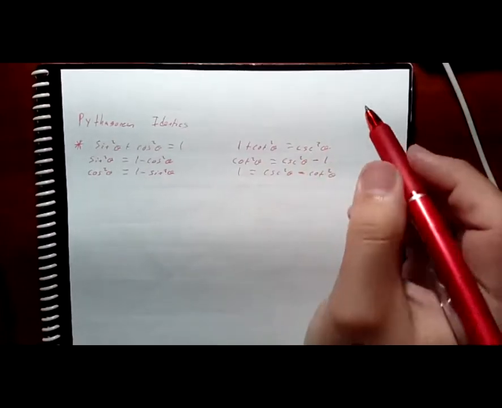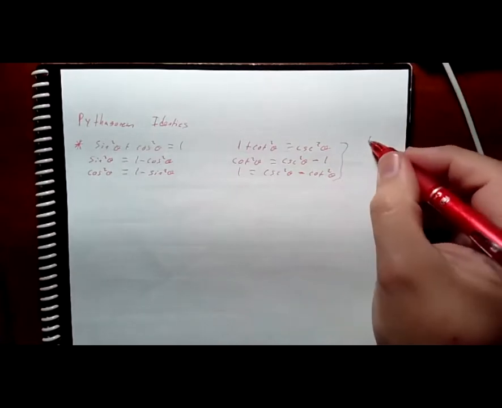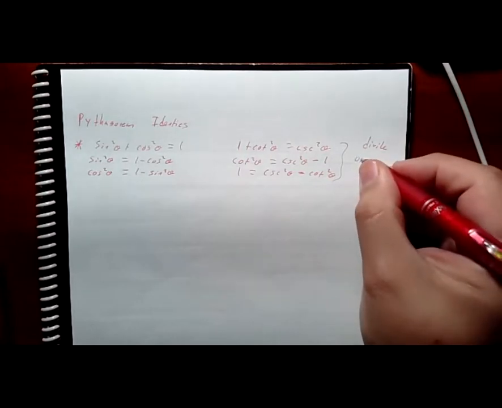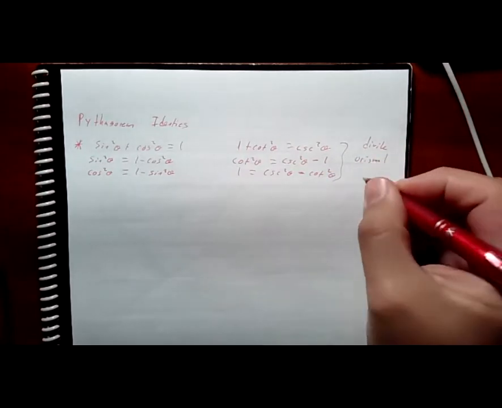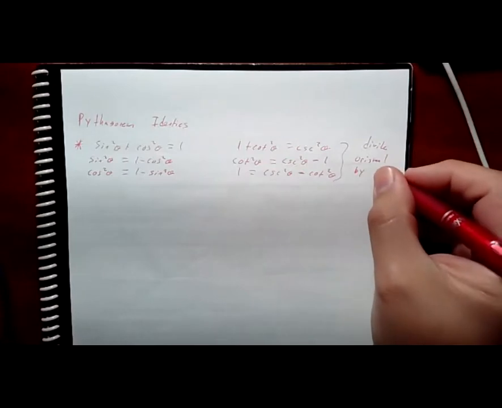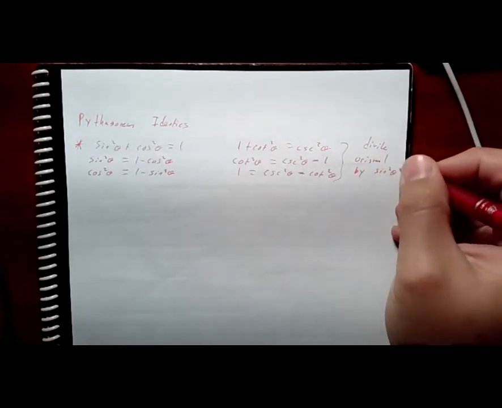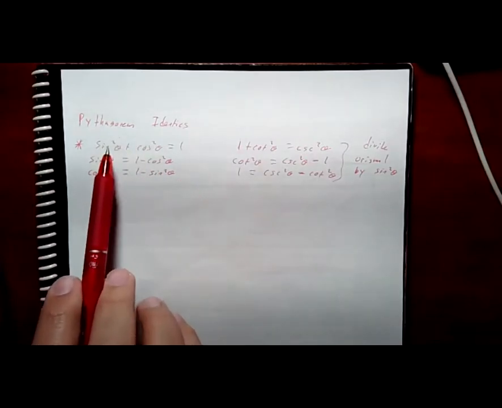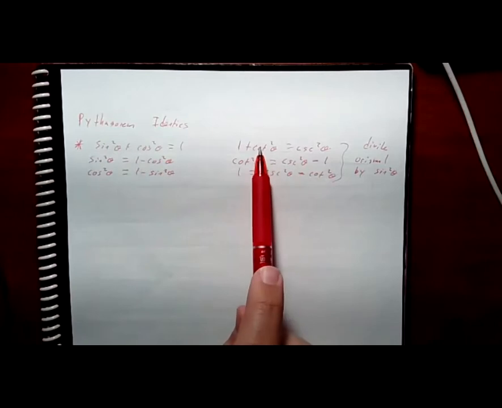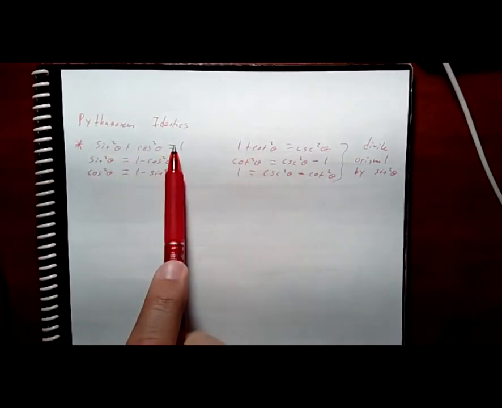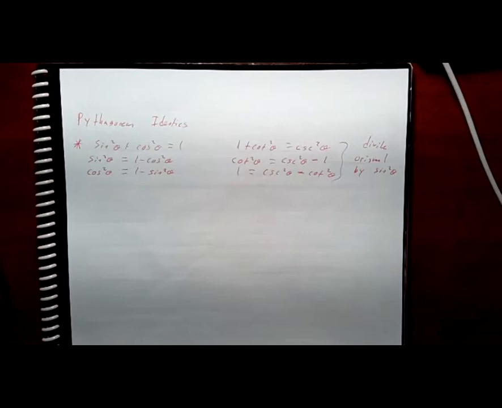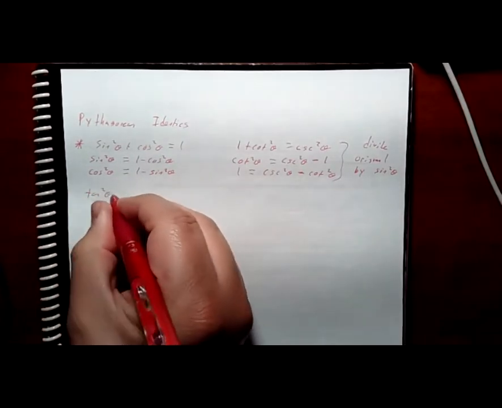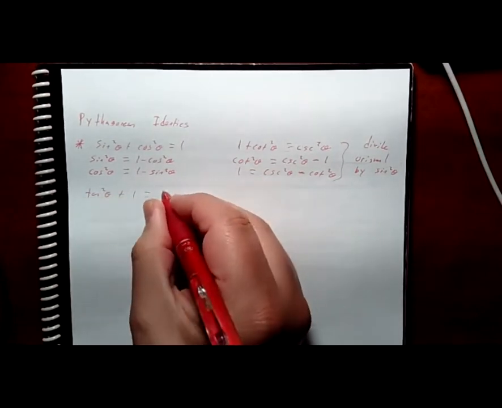Okay, any questions on where this came from right here? Okay, well, let me know. Now you take the original again, like I did here, divide every single term by cosine squared. So you're gonna get tangent squared theta plus 1 equal to secant squared theta.